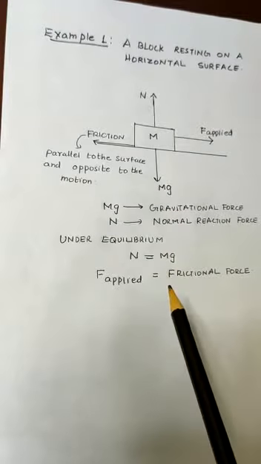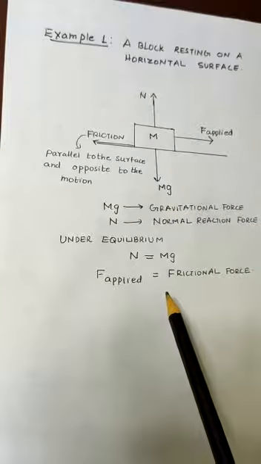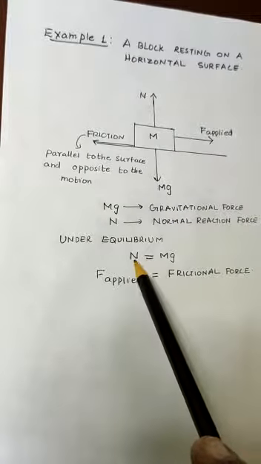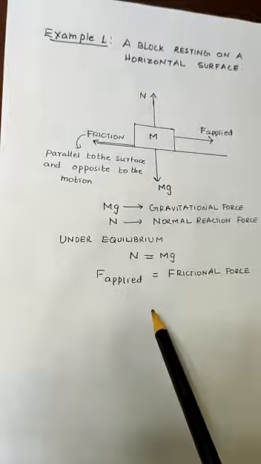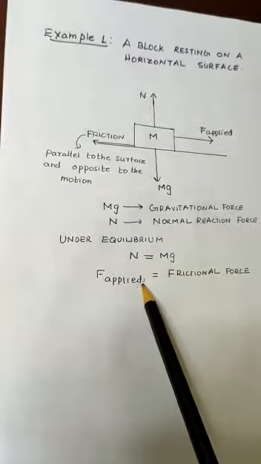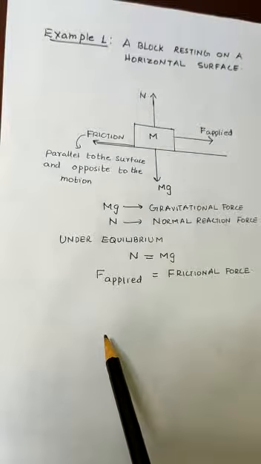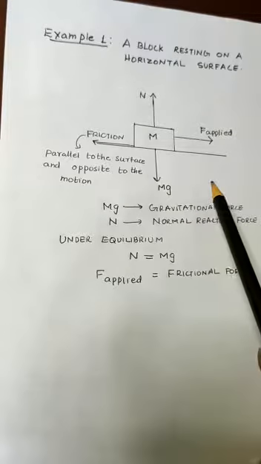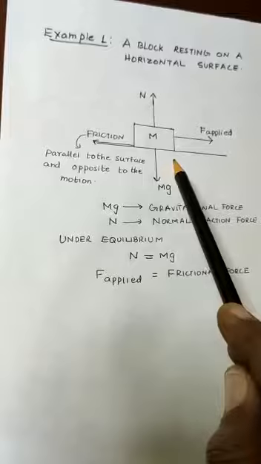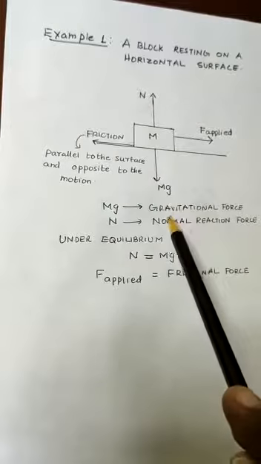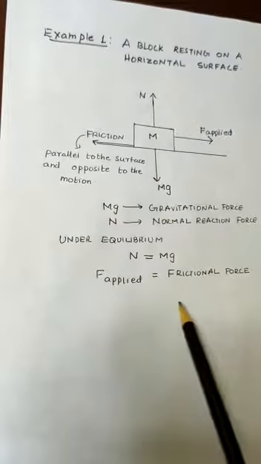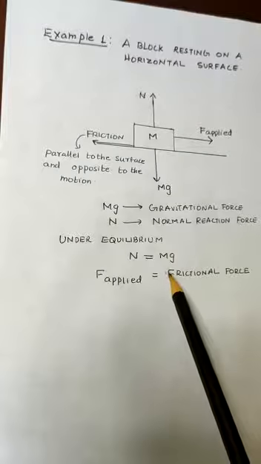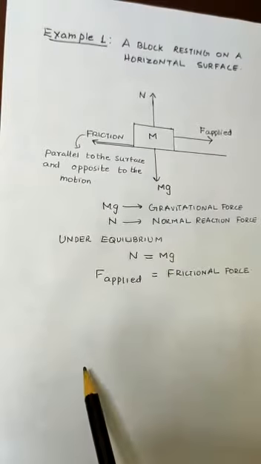Since we are considering the equilibrium condition, we have N equals mg and F applied equals frictional force. So we have seen the free body diagram of the block resting on a horizontal surface and the equations that we can derive under the specific conditions of equilibrium.